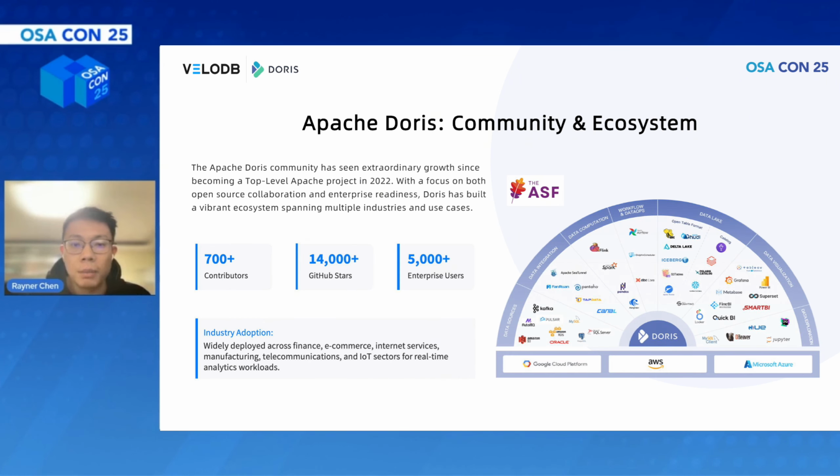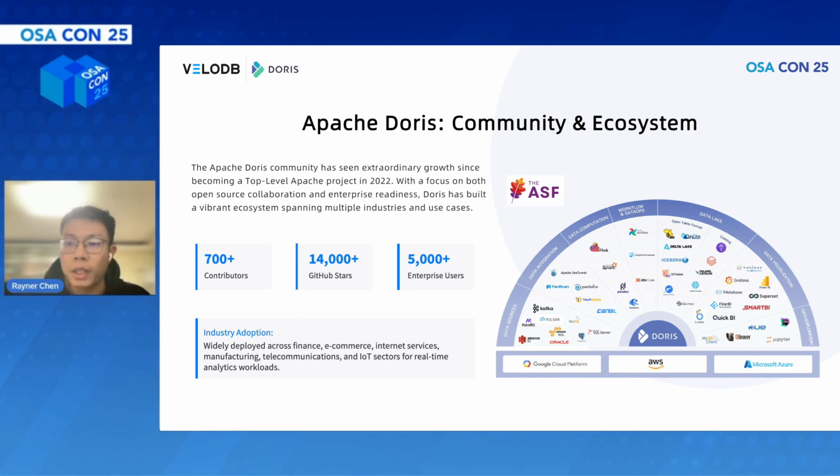Apache Doris became a top-level project of the Apache Software Foundation in 2022. Since then, it has built a very active community and user base. We now have more than 700 contributors, over 40,000 stars on GitHub, and more than 5,000 enterprise users. On the right side of this slide, you can see the broader Doris ecosystem.